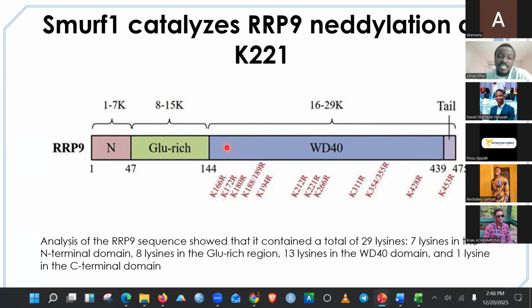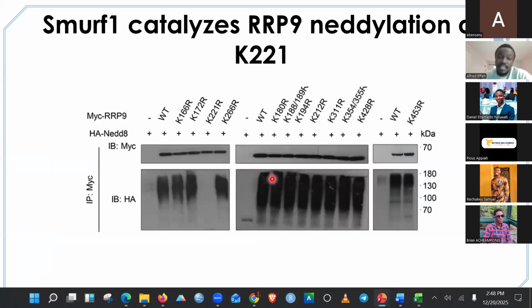If we still see NED8, it means that it's not on this site. Now, when we change it and we don't see NED8, then it tells you that that is the site involved in the addition of NED8. So they did the mutations, they had a lot of mutants, and then they performed the Western blots again.